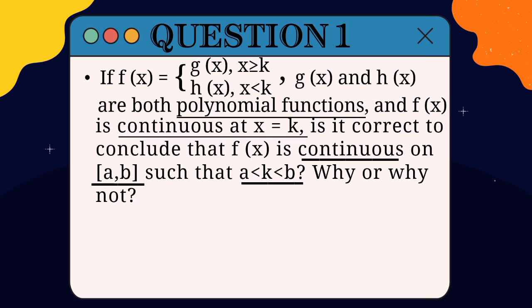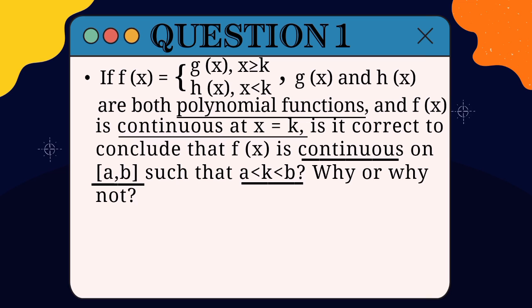If the function has a jump, hole, or any disruption in the interval from a to b, it violates the condition of continuity. Even though k is within the interval from a to b, the presence of discontinuity at that point breaks the continuity of the function over the interval.